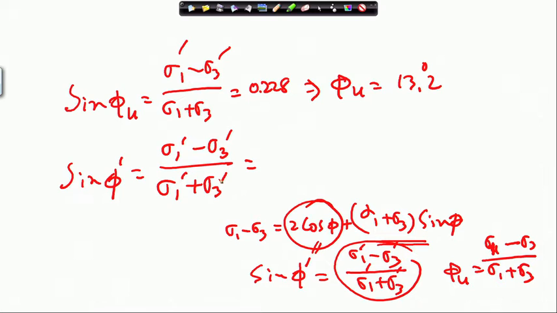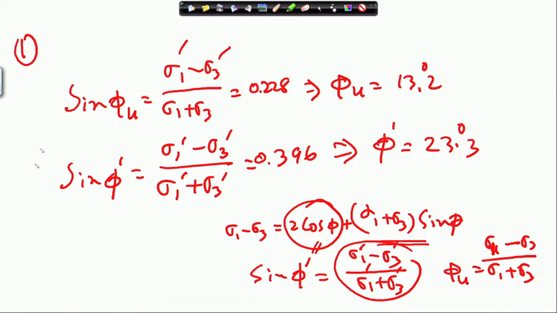If I do this, then we will get 0.396, and this gives you phi dash equal to 23.3 degrees.